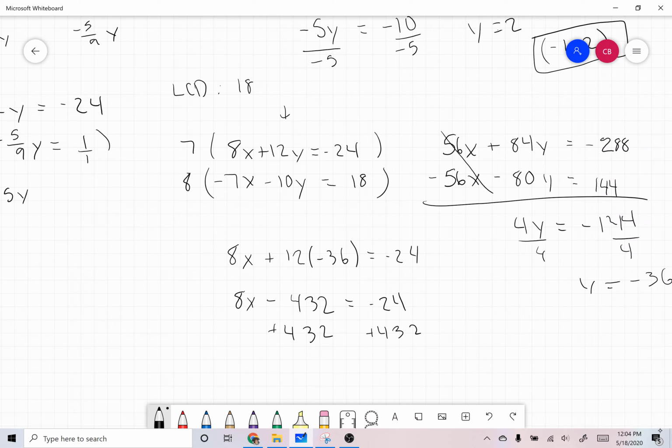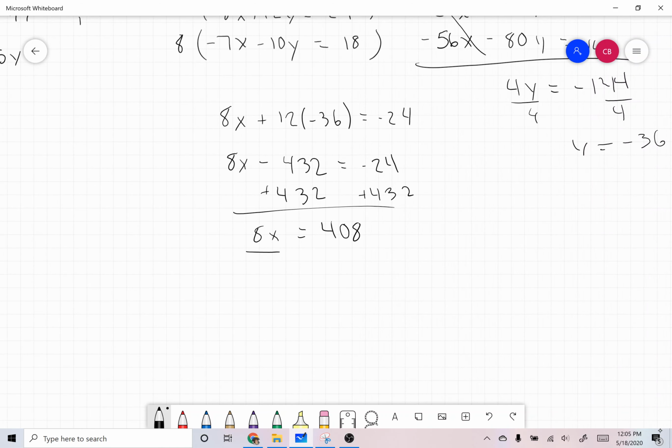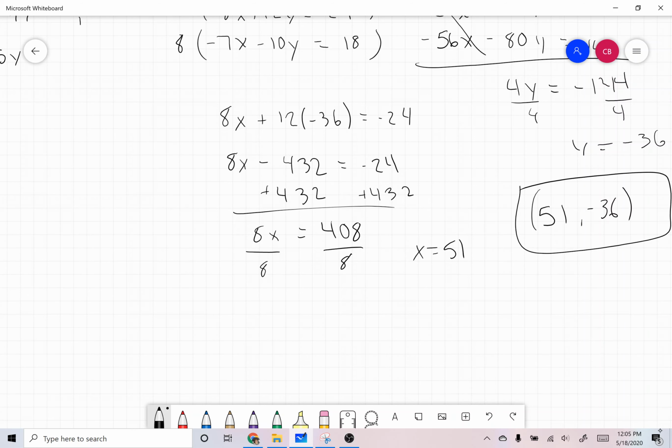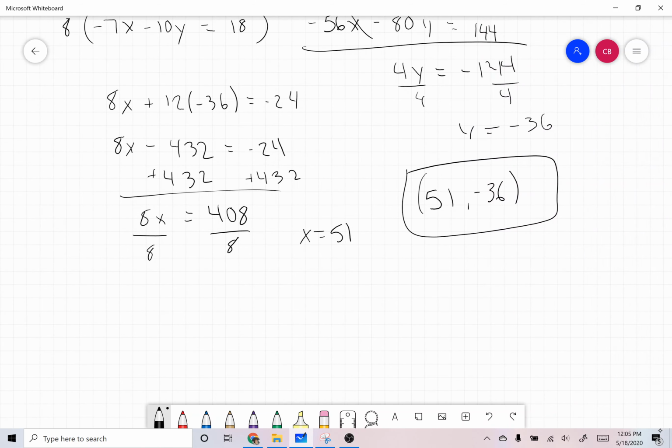Minus 24, it's 408. So this is 8x is equal to 408. And I believe, if I'm not mistaken, this is x is equal to 51. 51, negative 36. Let me make sure. I think that's right. 408 divided by 8 is 51. Yeah, we're good to go. And so that is taken care of.